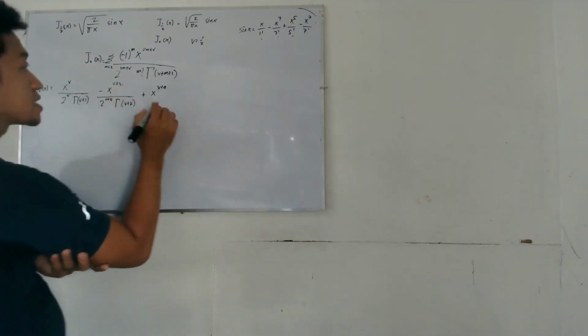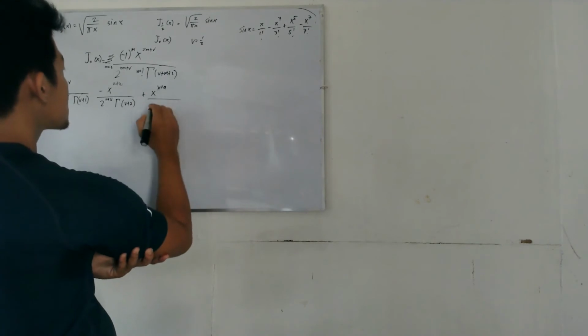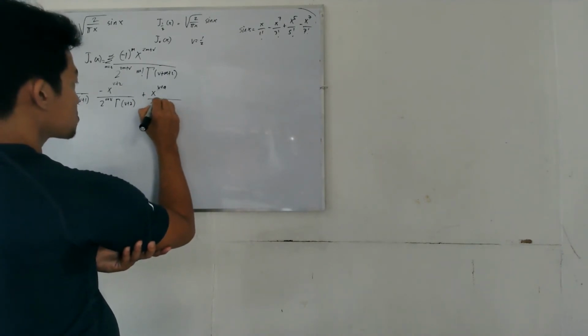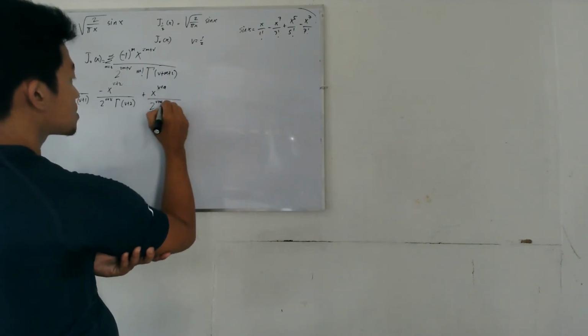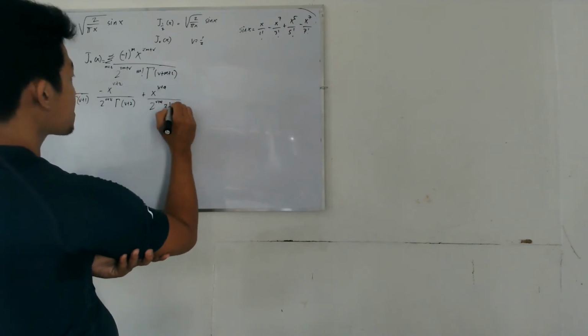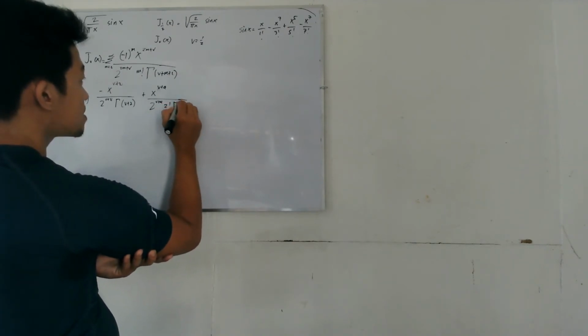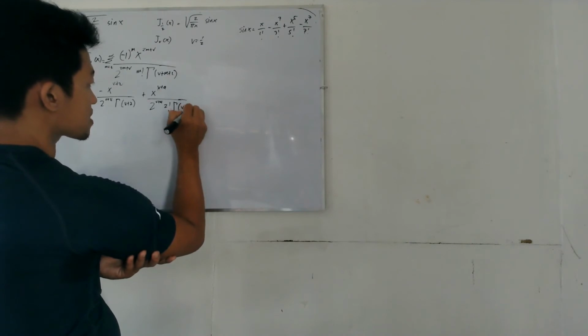Para pareha dali. B plus 4 2 b plus 4 2 factorial gamma b plus 3. Okay?